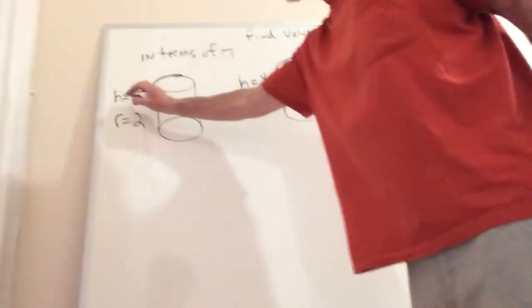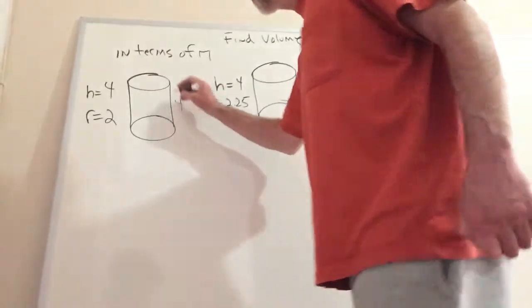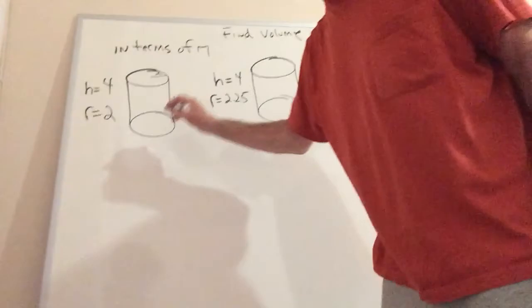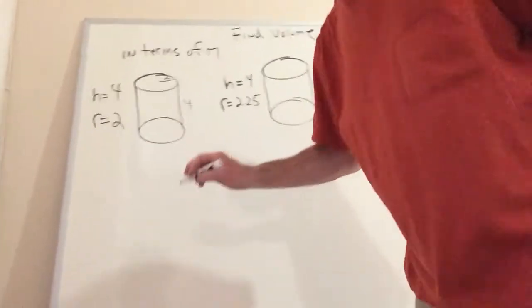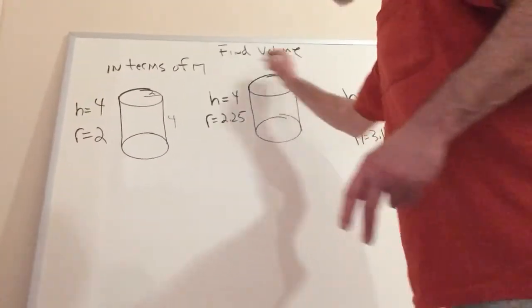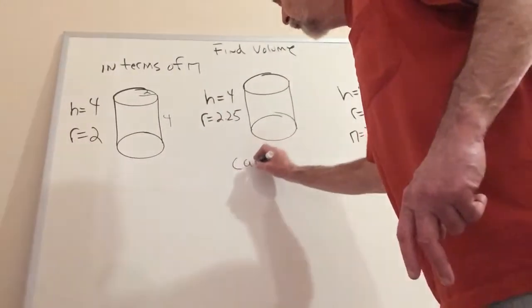So here the data says the height is 4, the radius is 2. We'll calculate that and put that answer in terms of pi in a second. But first, let's contrast it. Notice that here you need a calculator, and let me write that right away.